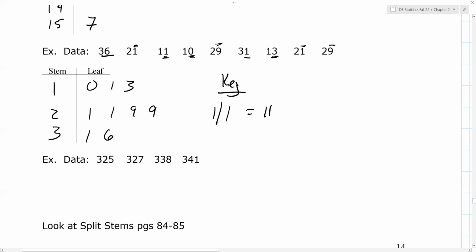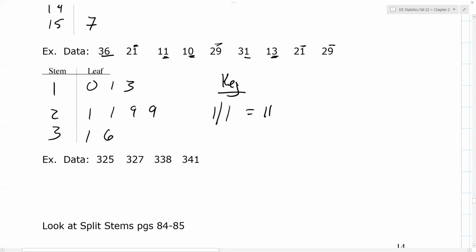Now, some of the benefits of a stem and leaf plot is it keeps the fidelity of the raw data. If I have a stem and leaf plot, I can reconstruct data point for data point my original raw data set. I can rebuild all 9 data points from this stem and leaf plot, which is nice.